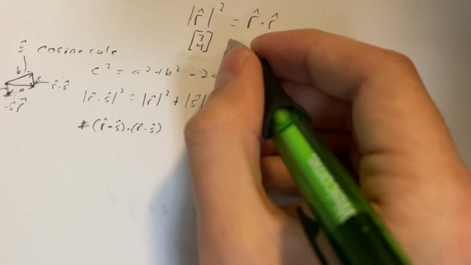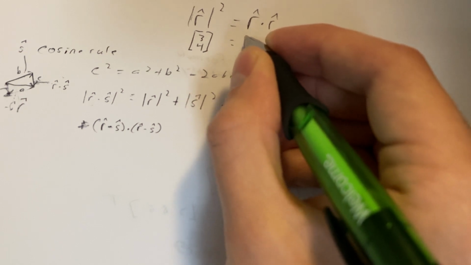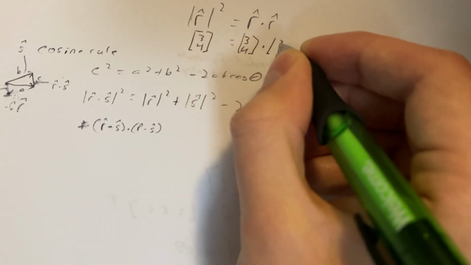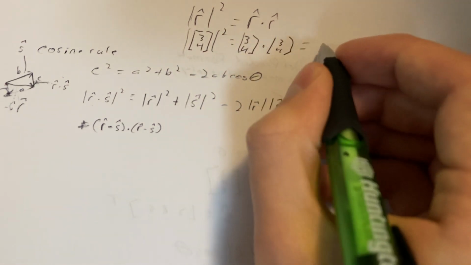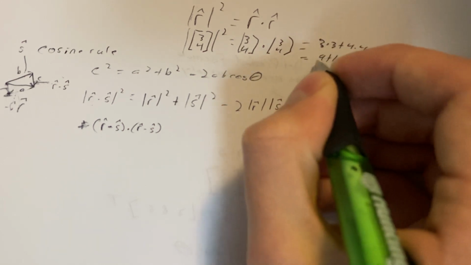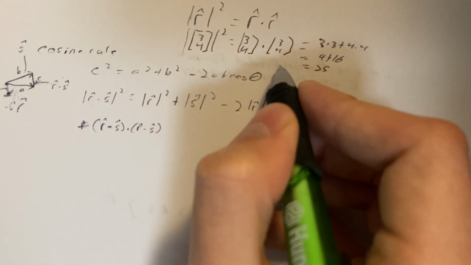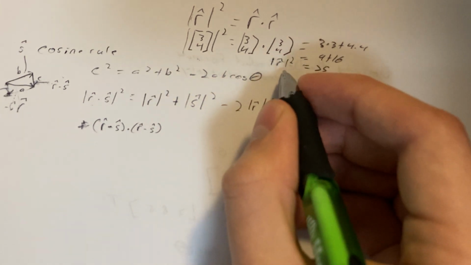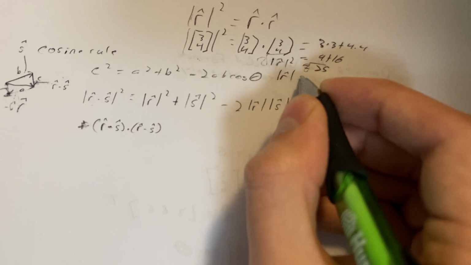Well, if you dot product this with itself, it would be (3, 4) times (3, 4), which is equal to 3 times 3 plus 4 times 4, which is equal to 9 plus 16. It's equal to 25. So we essentially get that the length squared is 25, which means that if you take the square root of that, the length itself is 5.